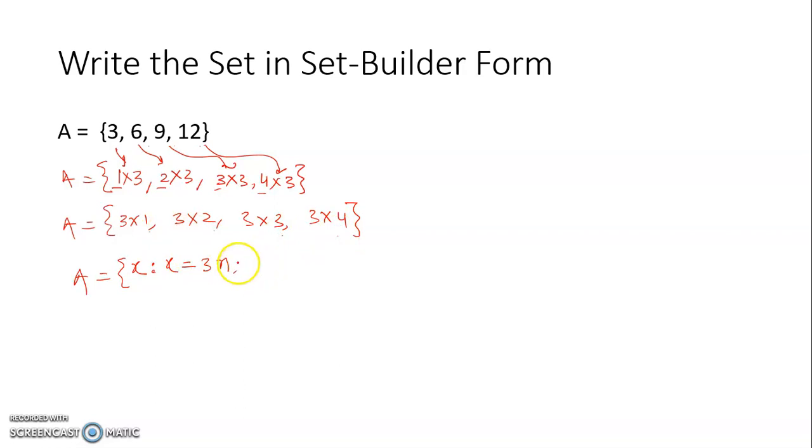And we can specify it such that n belongs to N. That means n is a natural number and n is less than or equal to 4, because the last number in the set is 4. Last natural number is 4. So this is the set builder form, and this is the tabular or roster form.